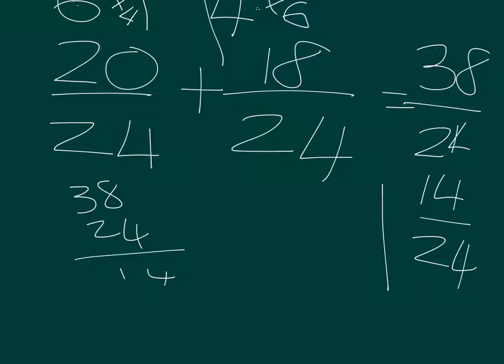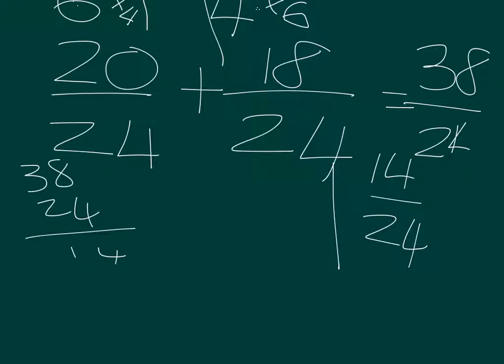But I can make that one a little bit smaller. What goes into 14 and 24? Let's just halve them. So we've got 1 whole, because that doesn't ever get smaller. Half of 14 is 7. Half of 24 is 12. And you've done that.